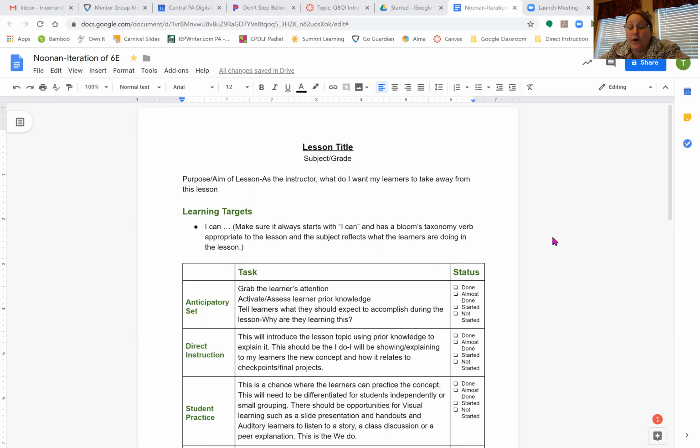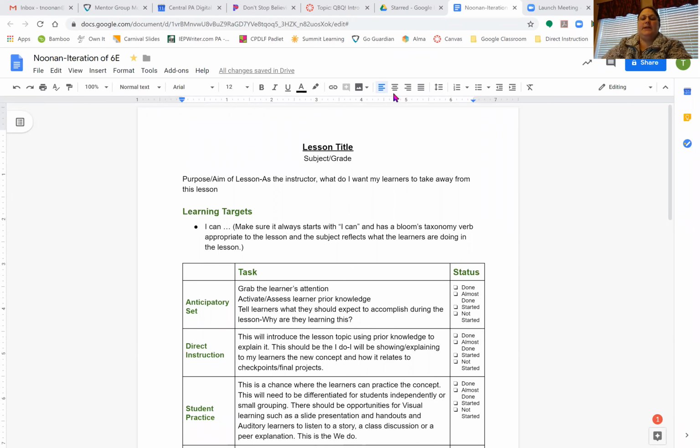But I think there are some really important concepts that need to be in each one. After a few weeks of doing a 6E, I really think they're really good lesson plans, and they have a lot of what I think is important in a lesson plan. So, just an explanation of what I changed.